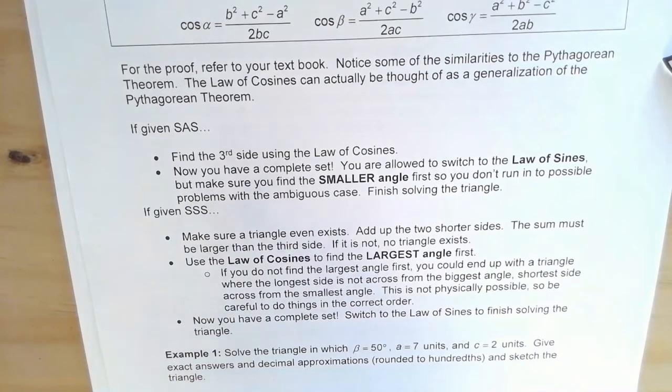Once we do that, we have that complete set and we're allowed to go back to law of cosines. But this is very important: when you go back to law of cosines, you have two angles now to solve for, and you must solve for the smallest one first. Because if we don't, we run into the ambiguous case. Remember the two triangles. So be careful. Always do the smaller one first.